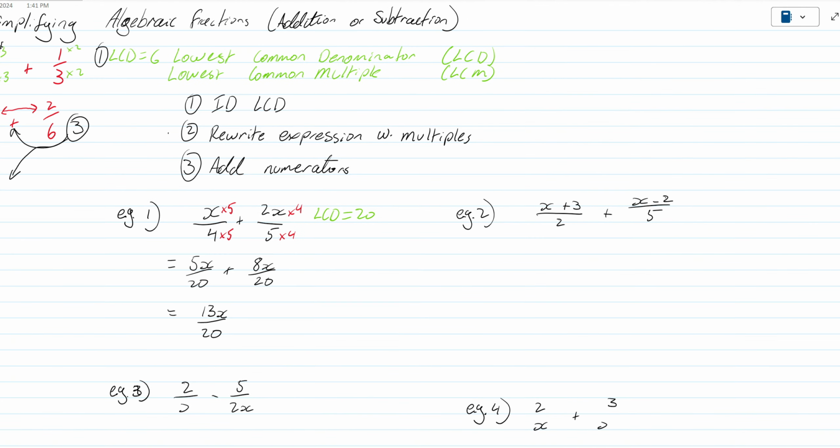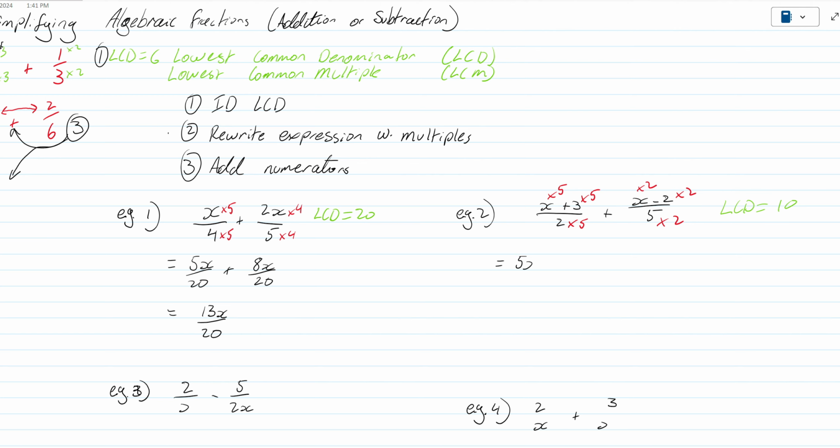In example 2, our lowest common denominator is equal to 10. So our left-hand fraction is going to multiply by 5. And this time we've got two terms in our numerators, so we make sure that we're multiplying 5 against all terms. And on this side, all our terms we multiply by 2.